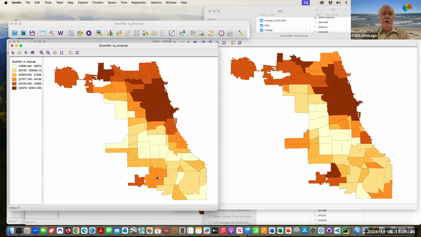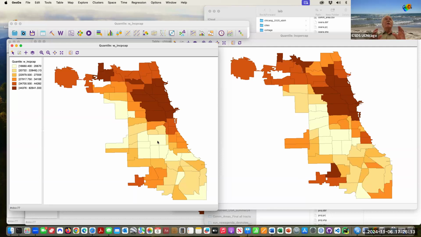But here, we have a different situation. Say, for example, this one: the original is high, the average of the neighbors is not that high. There's another one here, which is in the higher category. The average of the neighbors is not that high. Right? We have low-income community areas, average of the neighbors, low-income community areas.